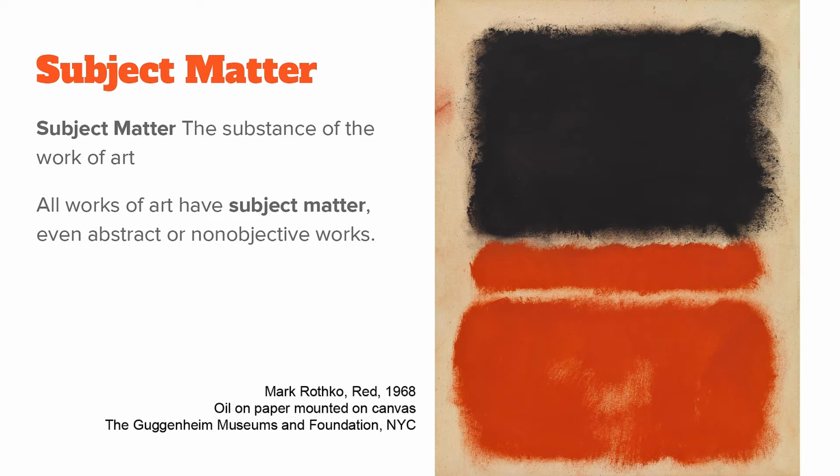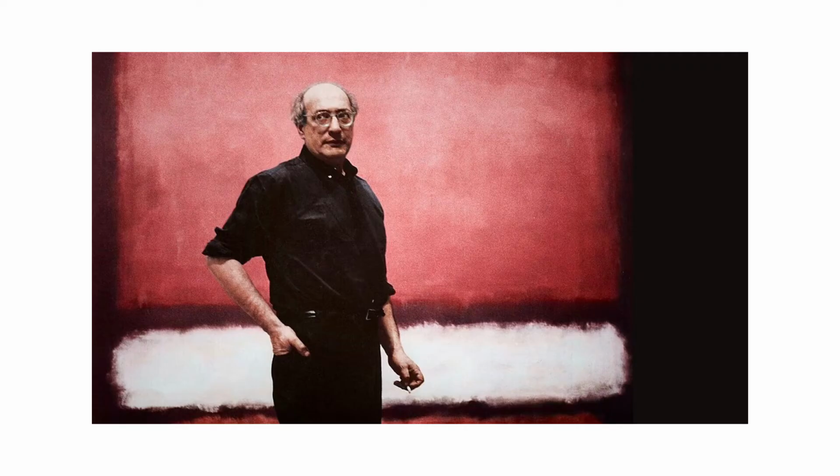Even if the artist is just splattering random paint onto the canvas, the subject matter may not represent, say, a landscape or maybe a portrait, but maybe the paint itself becomes the subject matter. Mark Rothko, an American painter from the mid-20th century, is an abstract painter, and his works were basically these large color-filled paintings.